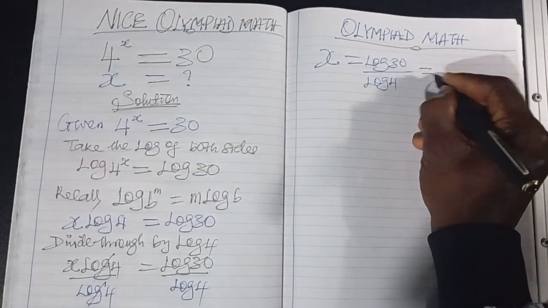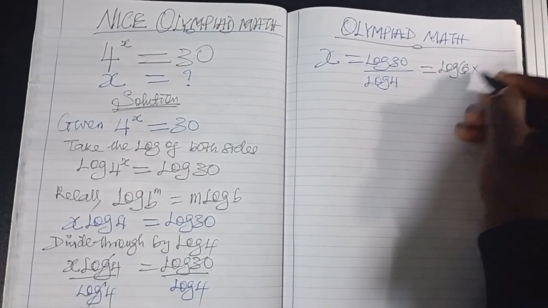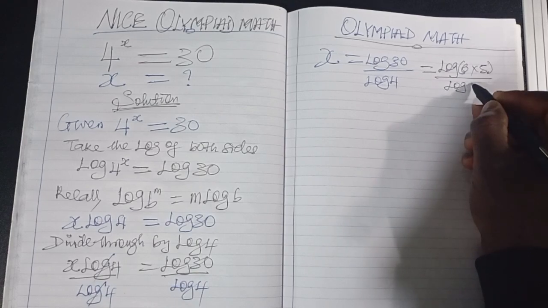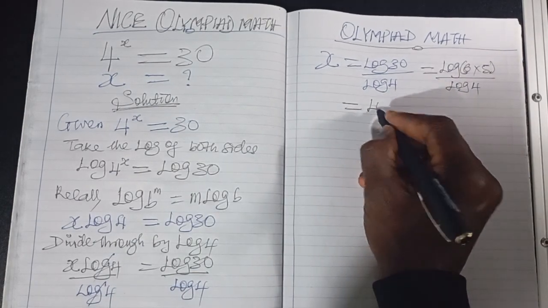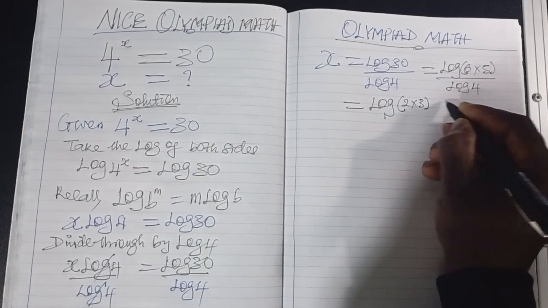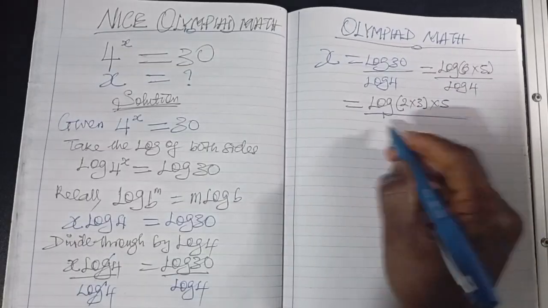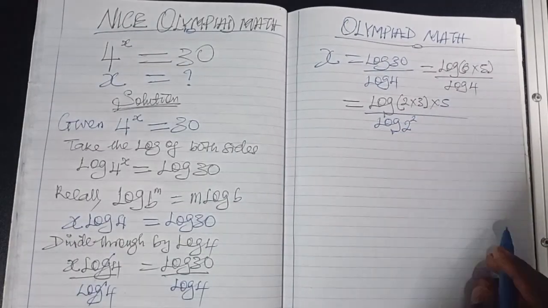Expressing this further, this is the same as log of 6 multiplied by 5 divided by log 4. Okay, we can still have log of 2 multiplied by 3, then multiplied by 5, all divided by log 2 raised to the power 2.